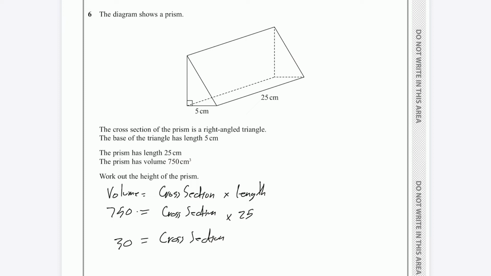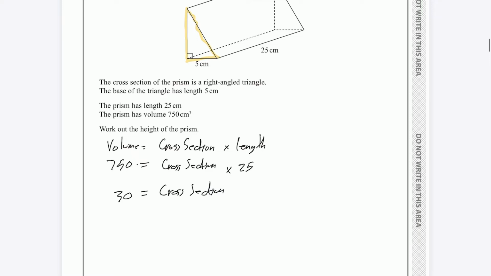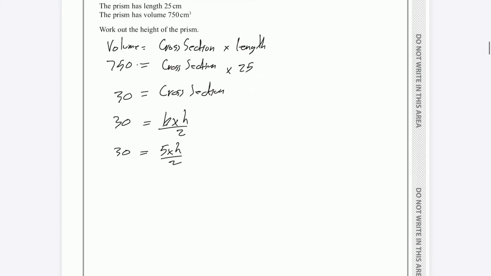And the cross-section was this bit here, which is a triangle, and the triangle has the formula base times height divided by 2. We know what the base is, so 30 is equal to 5 times height divided by 2. We can now rearrange this and solve for height. If I times each side by 2, we have 60 is equal to 5h. Divide each side by 5, and you get h is equal to 12.